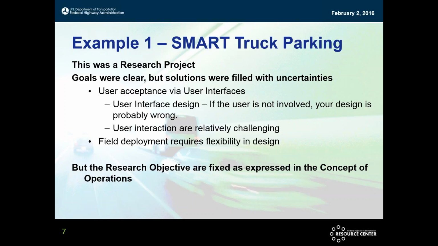As with most of the ITS projects we're involved in, we have a combination of software and hardware, so it's not strictly one or the other. The goal of this research project is to help truck drivers identify parking spaces so they can meet their duty time requirements under the FMCSA rules.